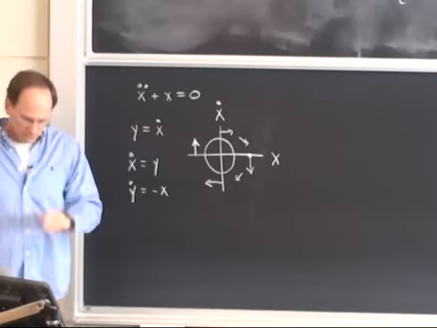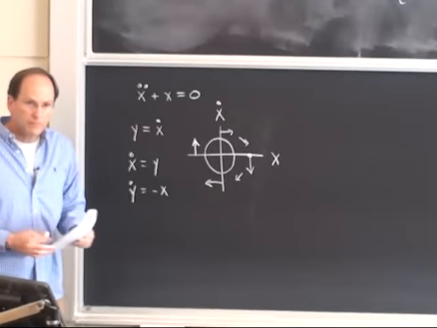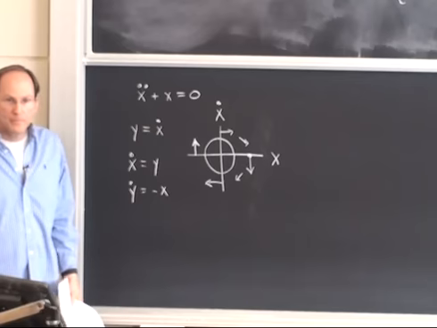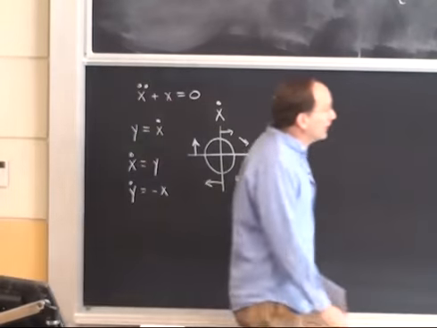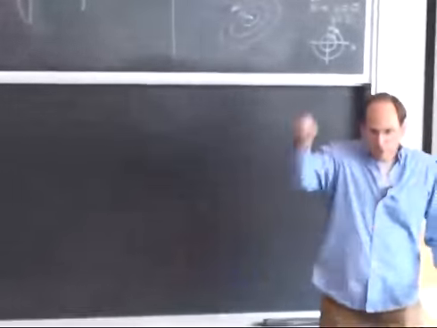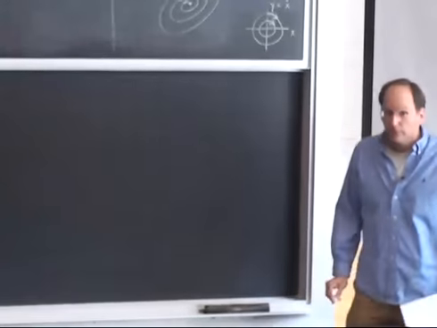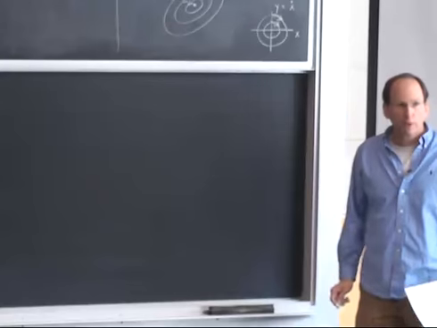In this case, is it possible for any of these paths to approach a fixed point? Can these paths approach a fixed point? No, they're all periodic. Every trajectory is closed, so every trajectory closes on itself and does not approach a fixed point.